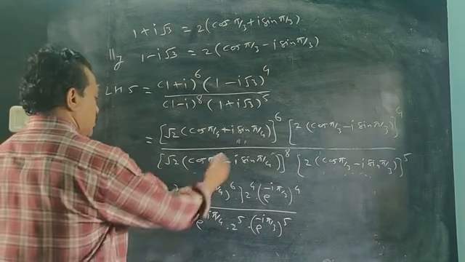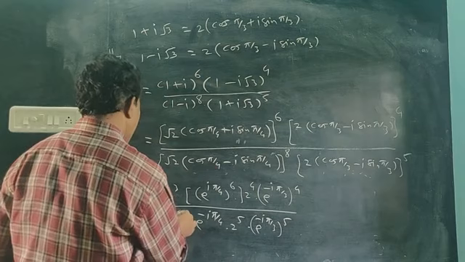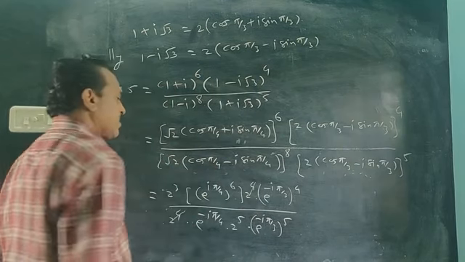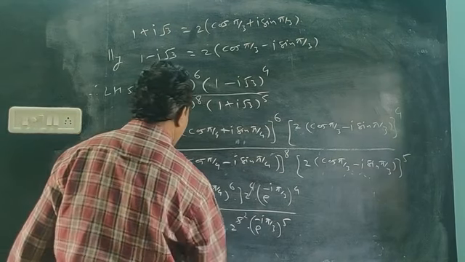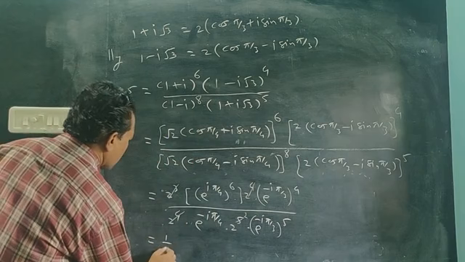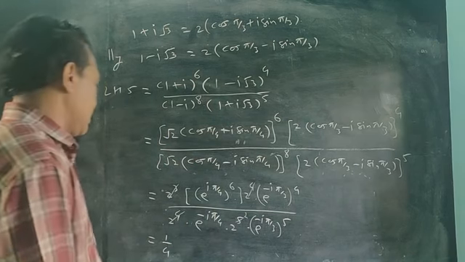Okay. So first of all 2 raised to power we have it. So 2 raised to power 4, 2 raised to power 4 cancel. 2 raised to power 3, 2 raised to power 3 cancel, 2 remaining. So only 1 by 2 square, that is 1 by 4, remaining.